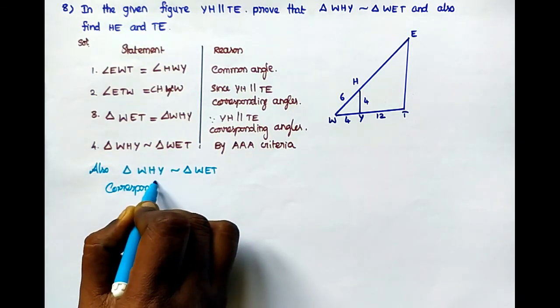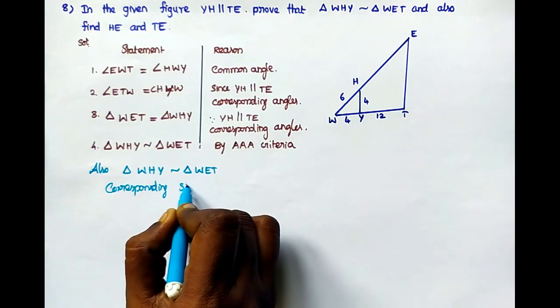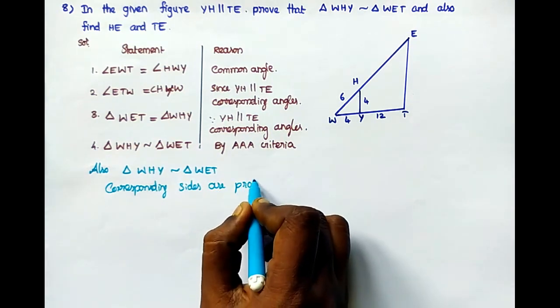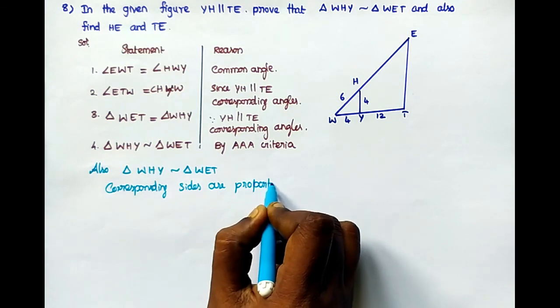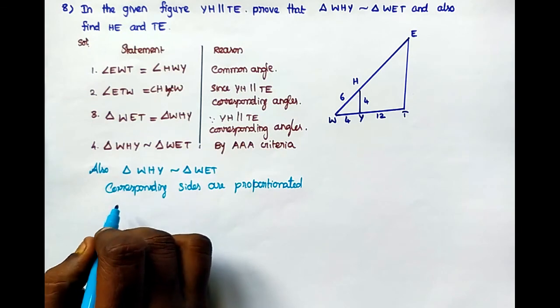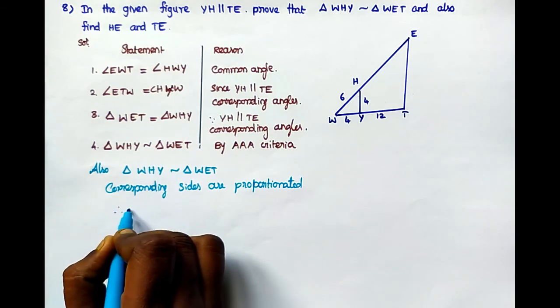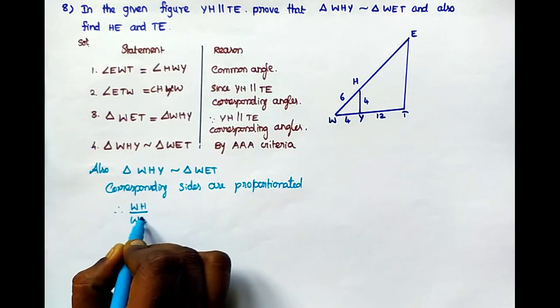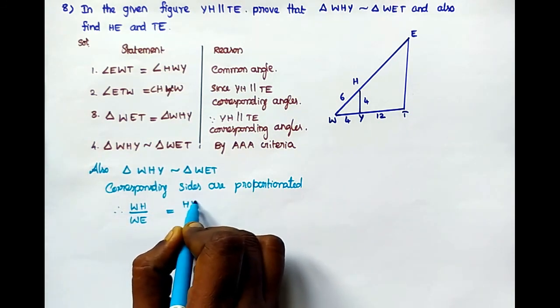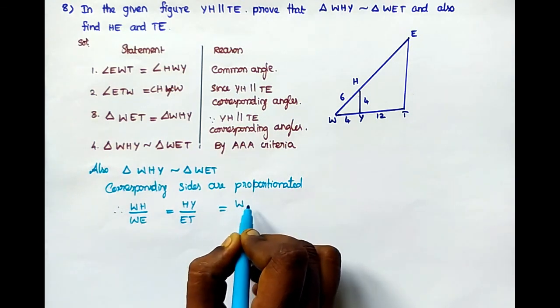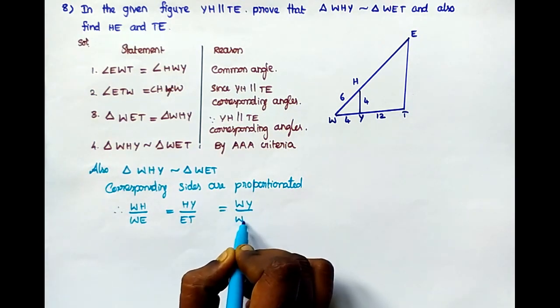Another reason, corresponding sides are proportionate. Therefore, WH divided by WE, equals HY divided by ET, equals WY divided by WT.